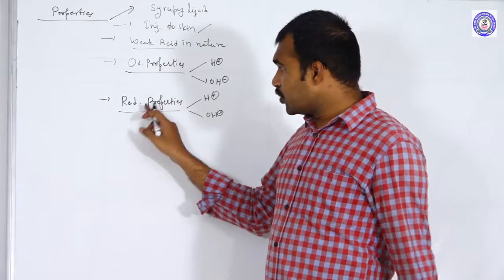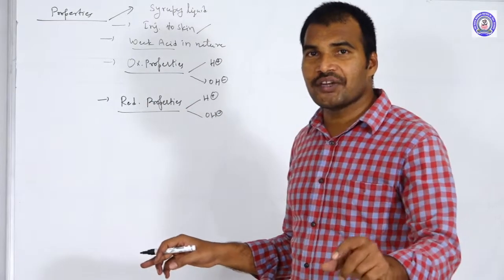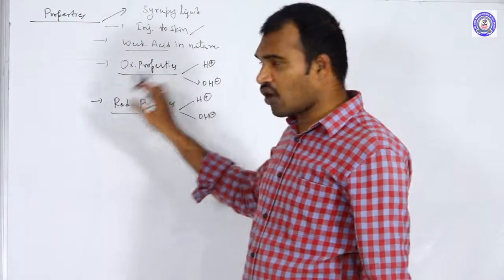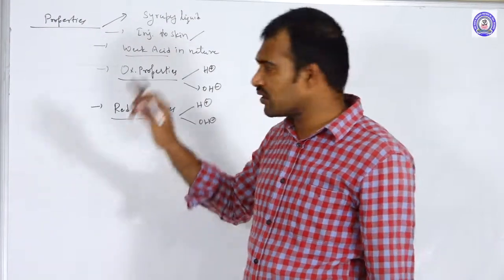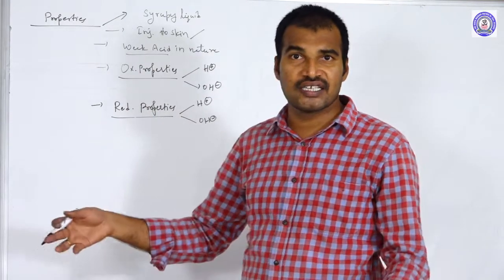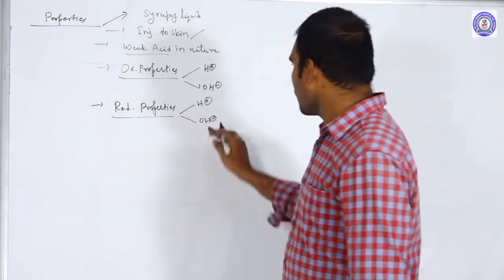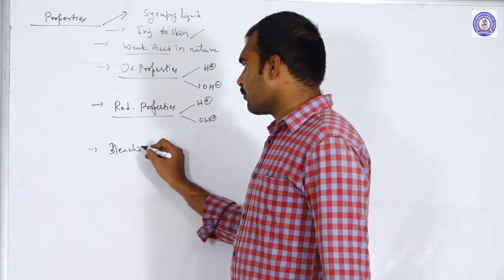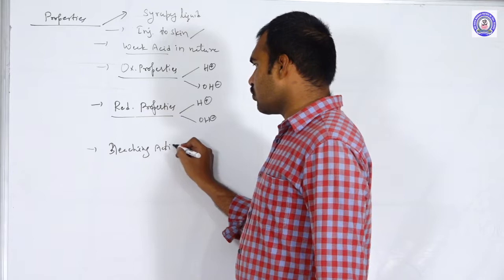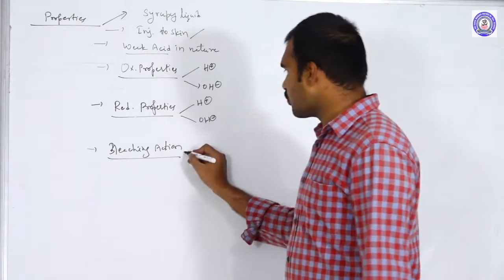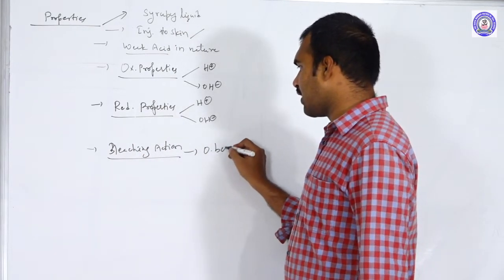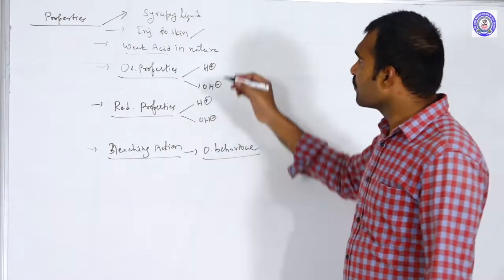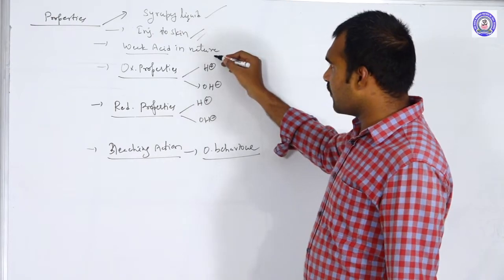One more thing: H2O2 shows reducing properties only in presence of a strong oxidizing agent. Otherwise, it will act as an oxidizing agent only. Next, it also shows bleaching action. They may ask you that the bleaching action of H2O2 is because of its oxidizing behavior. Okay, so syrupy liquid, injurious to skin and weak acidic nature.